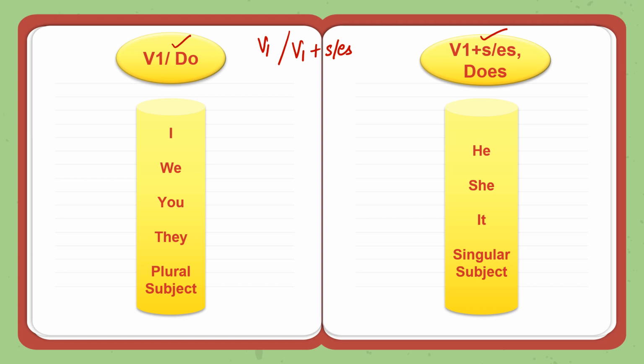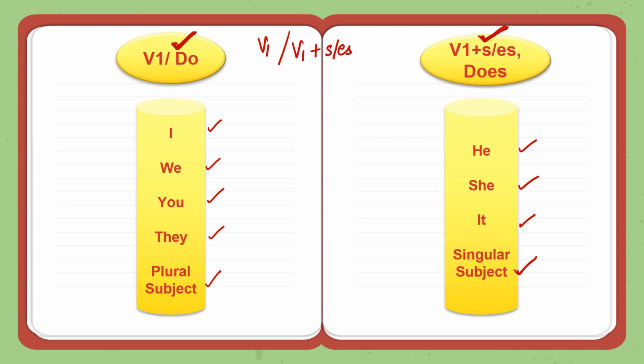So with these subjects, I, we, you, they, and any other plural subject, we use V1, that is base form of verb. And with he, she, it, or any singular subject, we use V1 plus S or ES form of verb. And same thing goes for the helping verbs also.